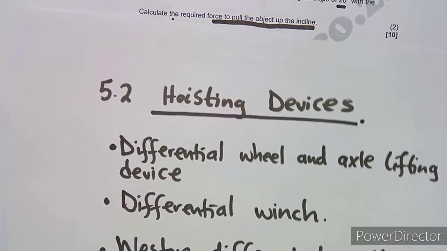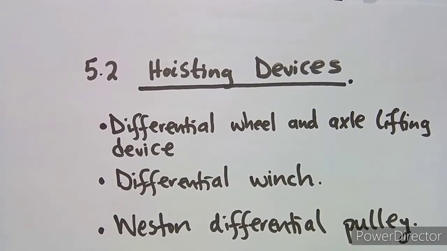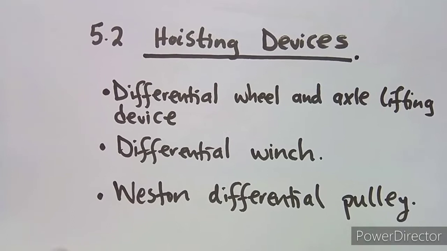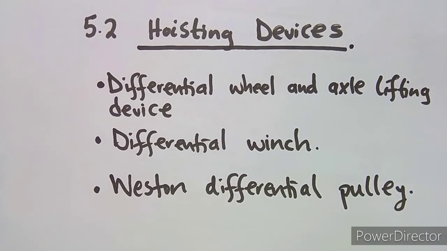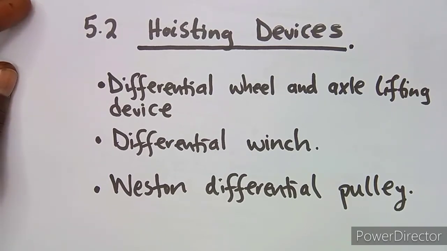We've got a differential wheel and axle lifting device, we've got a differential winch, and we've got a Weston differential pulley. These are the hoisting machines, the devices that you can actually use. We just choose the ones which are best for you, but that is what we have there.